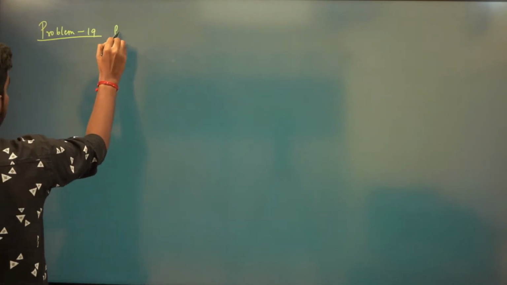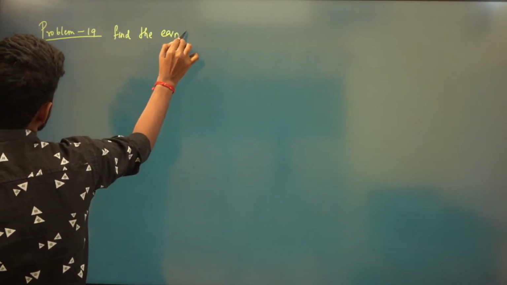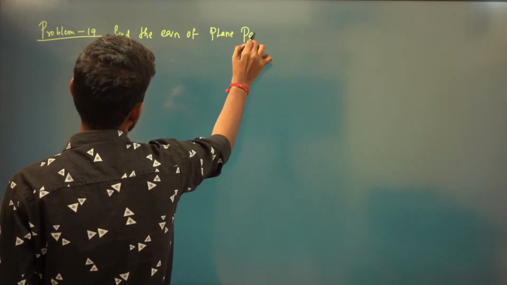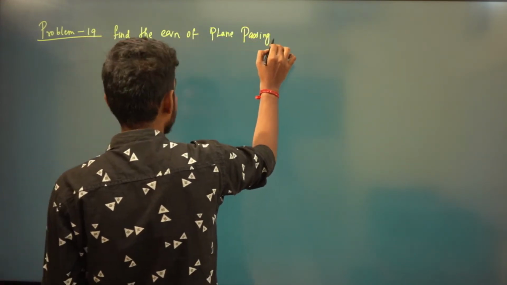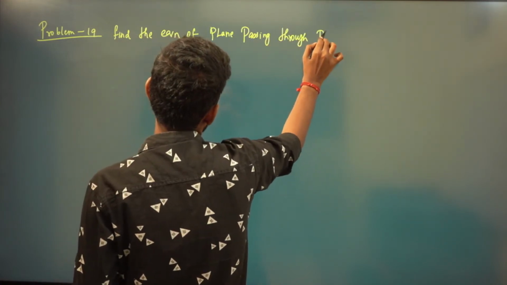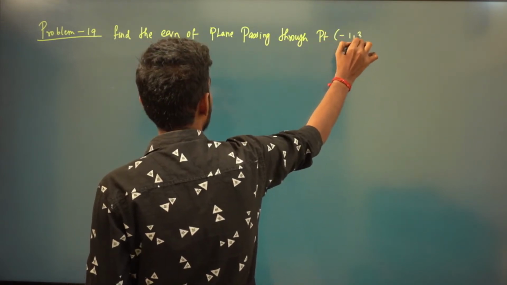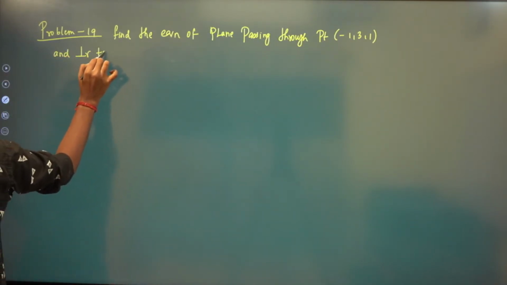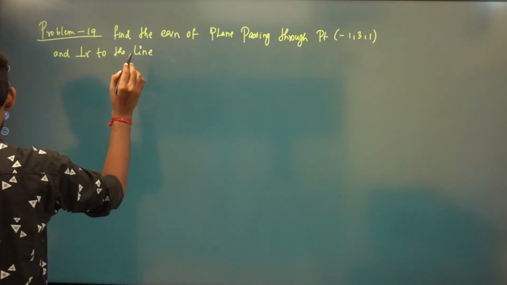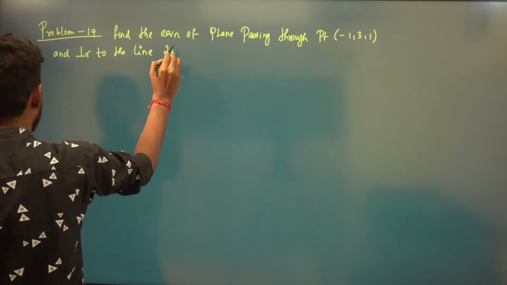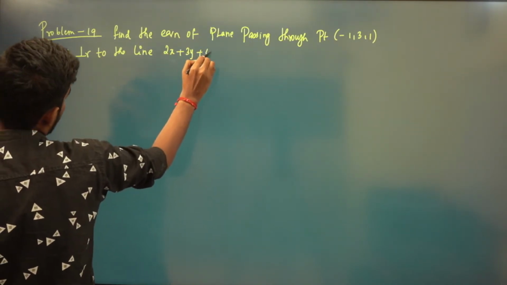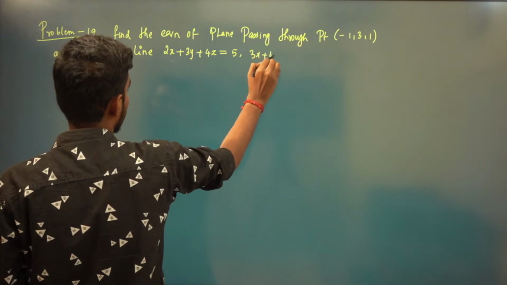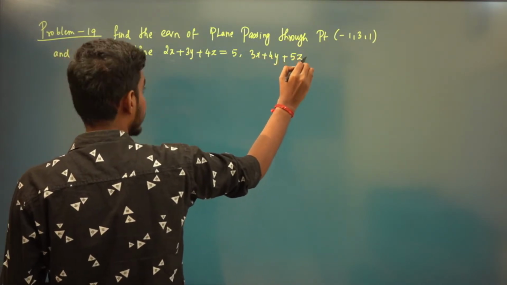Find the equation of plane passing through the point minus 1 comma 3 comma 1 and perpendicular to the line 2x plus 3y plus 4z equal to 5, 3x plus 4y plus 5z equal to 6.